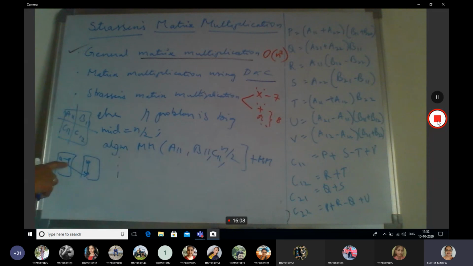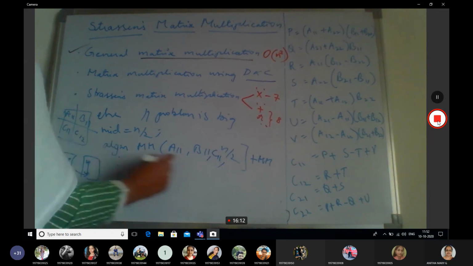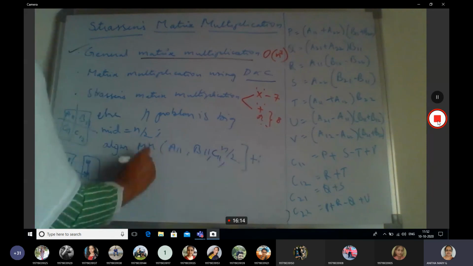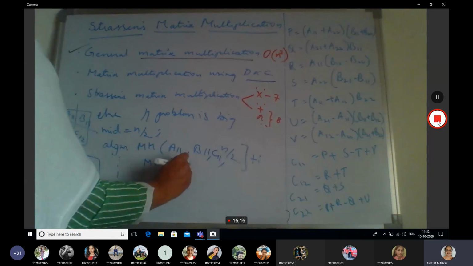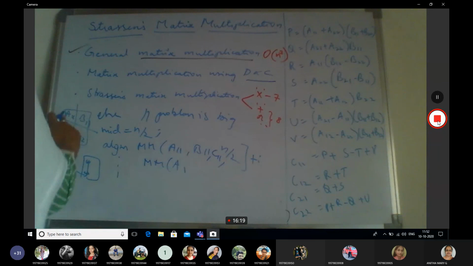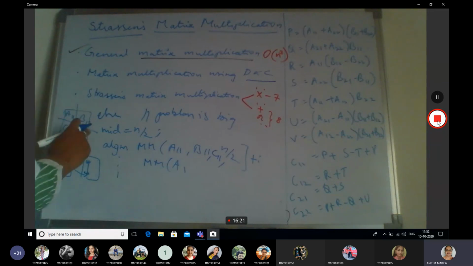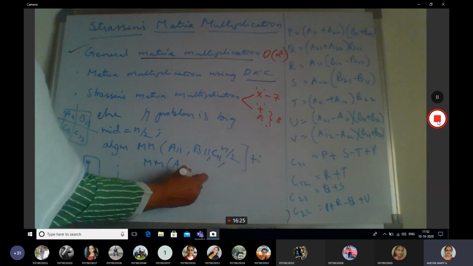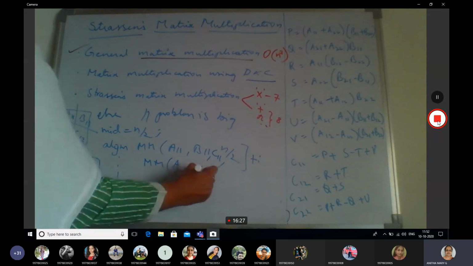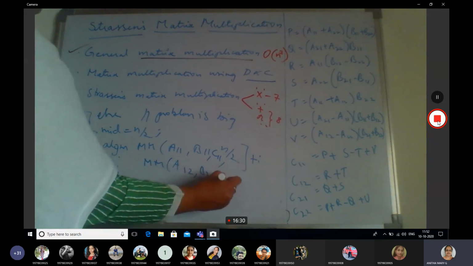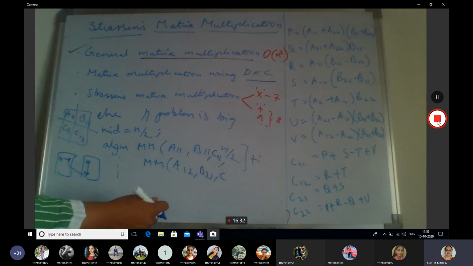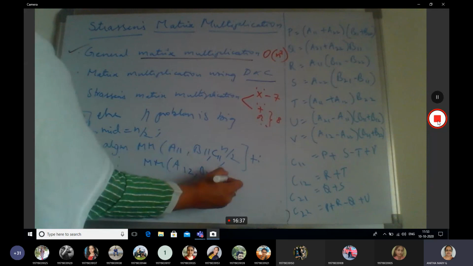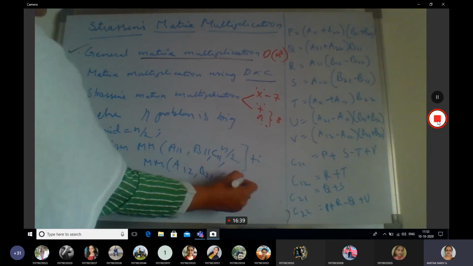And what more do we have to add? This is A12. So I'll write here plus matrix multiplication of A12 and B21, that is what you will get, into C11 only, comma n by 2.